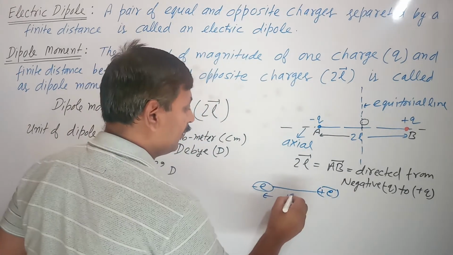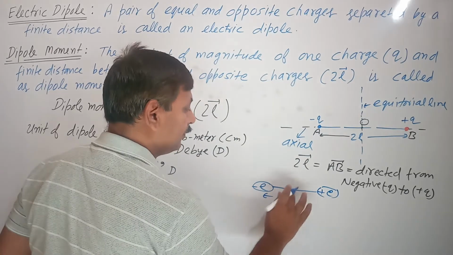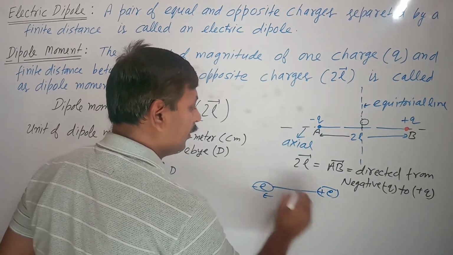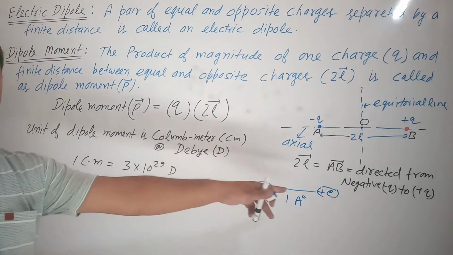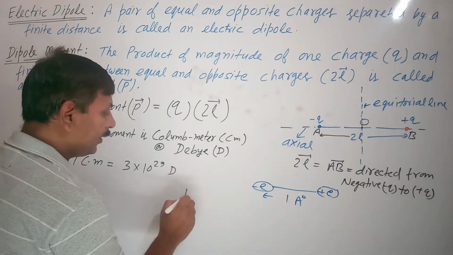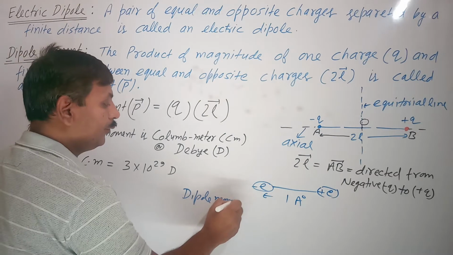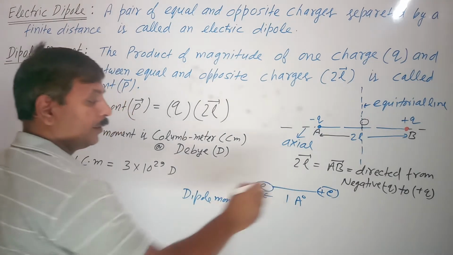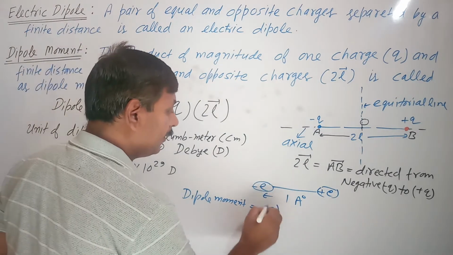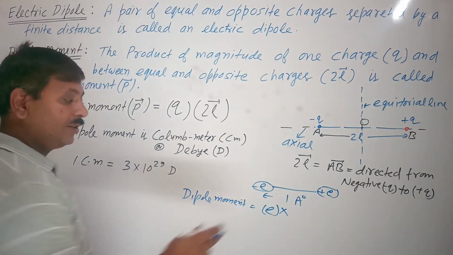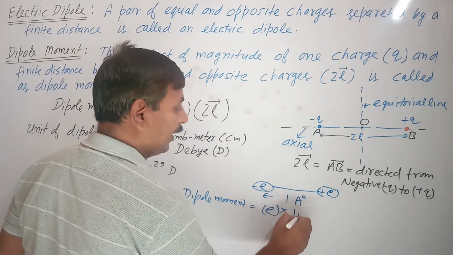See here, if we take a negative electron charge minus e and a plus e, separated by a distance of 1 angstrom, what will be the dipole moment? The dipole moment is equal to the product of charge and the distance between them, that is 1 angstrom.